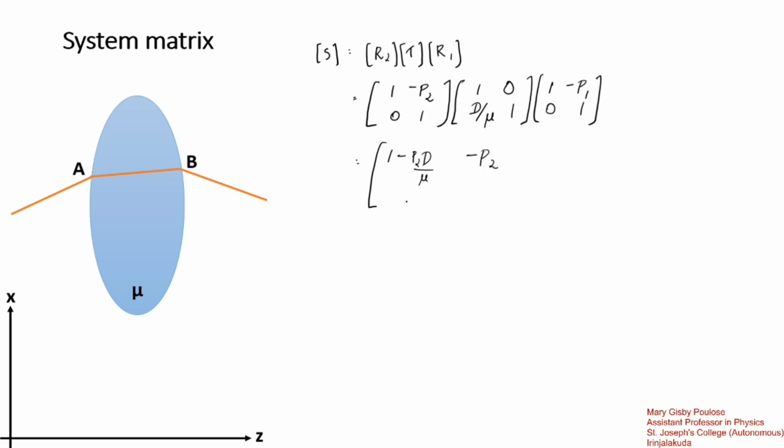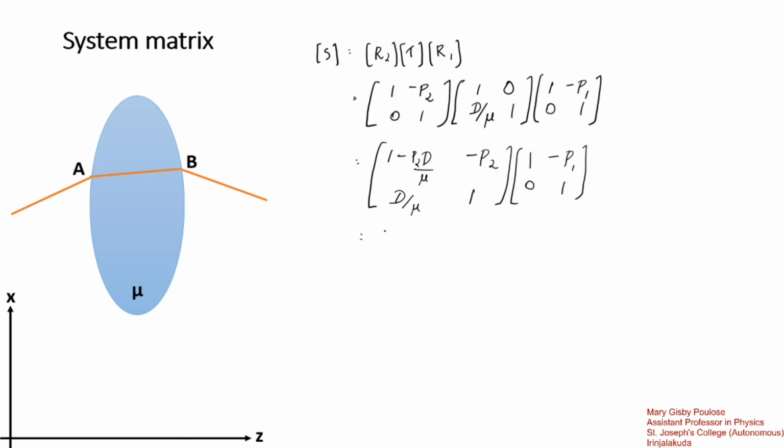This term, the A21 term becomes these two terms plus these two terms, that is d by mu. The last term is 1. Product over 1 minus P1, 0, 1.